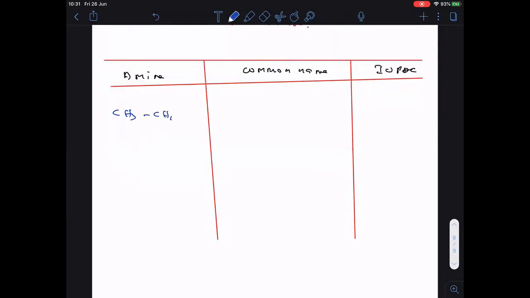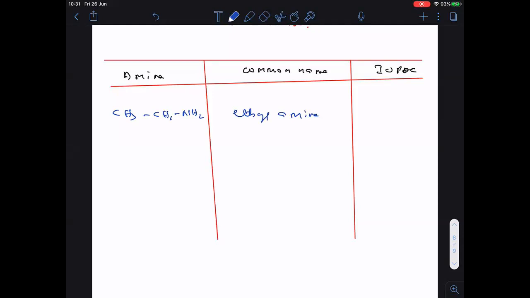So now, see clearly, CH3CH2NH2. In common name, first we have to name the alkyl group. So alkyl is ethyl here. So what is the name of this one? Ethylamine, according to the common system.